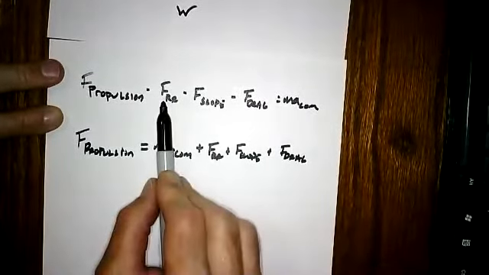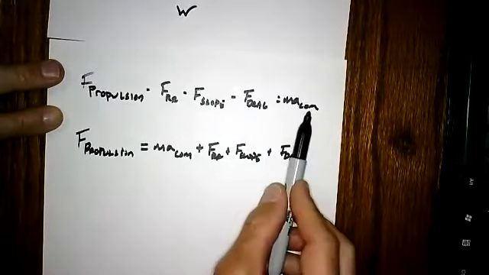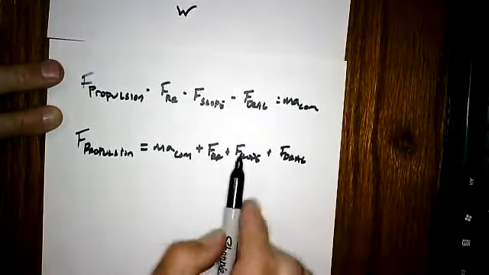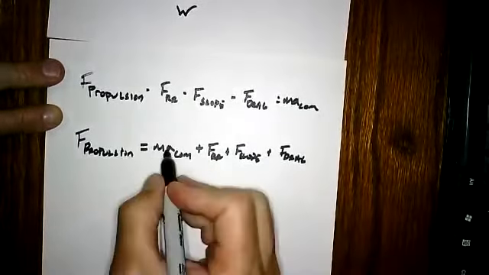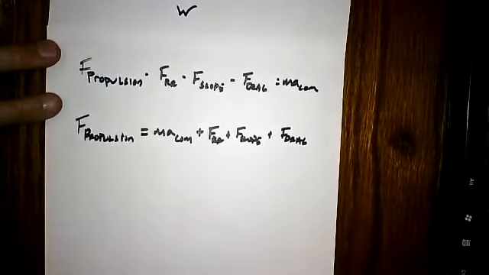I add F RR over here. Whatever I do to the left-hand side of the equation, I need to do the same thing to the right-hand side. So adding F RR over to the other side of the equation, I get this new equation right here. I still don't have power. So where's power?